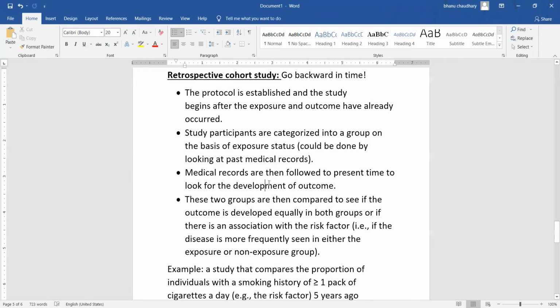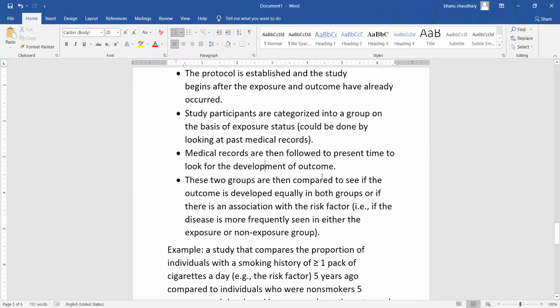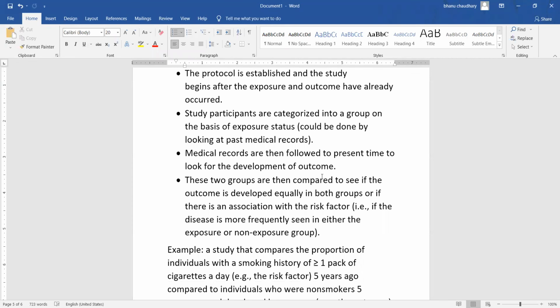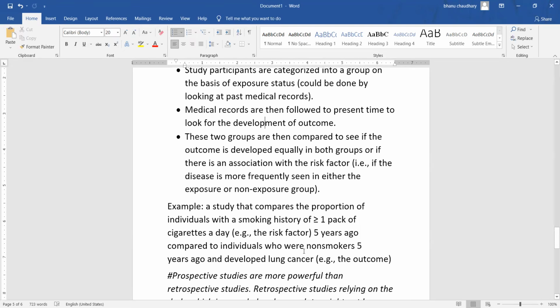And finally, the two groups are compared to see if the outcome is developed equally in both groups, which means there is no association between the risk factor and the outcome, or there is an association between the risk factor and the outcome. So that's how you're going to determine this. For example, a study that compares the proportion of all the individuals with a smoking history of more than one pack of cigarettes per day 5 years ago.